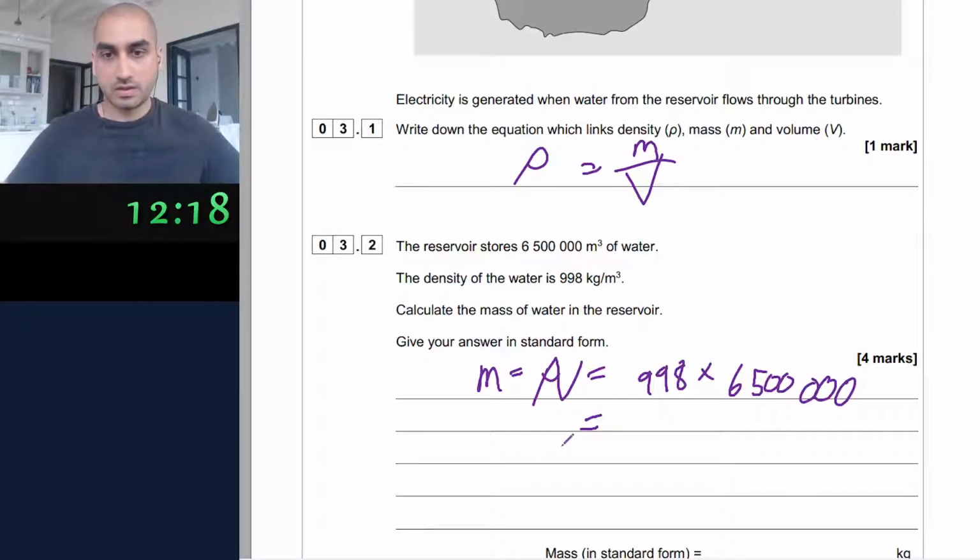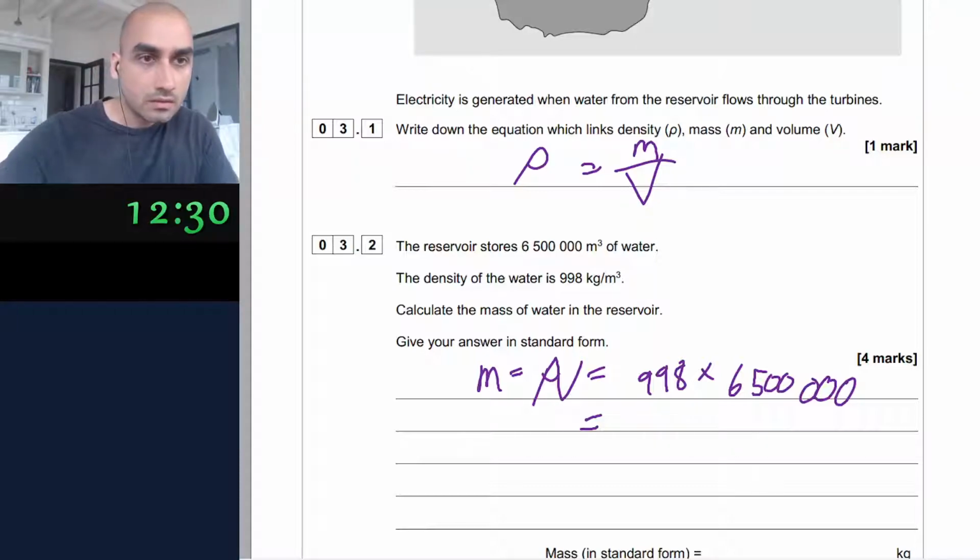This is pretty straightforward. 998 times 6,500 equals 6487 and 6 zeros. Okay, we need standard form.